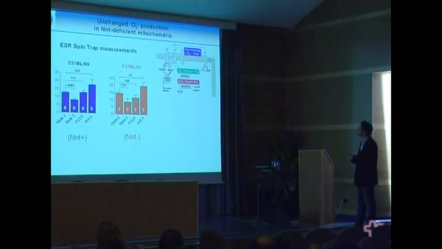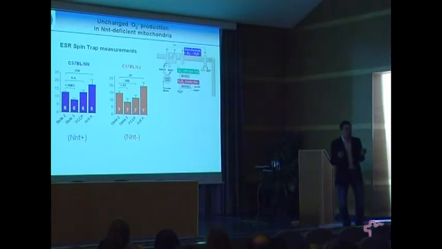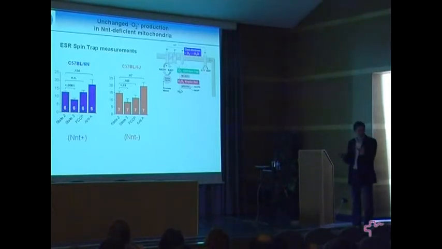Now in this context, it's important to explain that the general concept of ROS production in mitochondria is that most superoxide in the first place is generated when the redox chain is highly reduced. This is a situation when you don't have ADP, in a resting cell, and you have substrate present that gives you a high NADH, and all the electrons are sitting here in the respiratory chain, but there is no need to respire because no ADP is present.